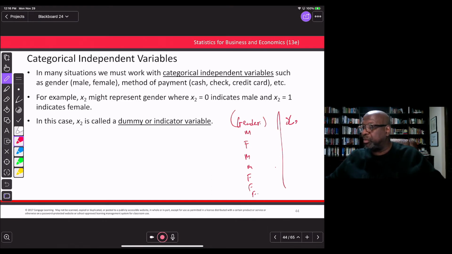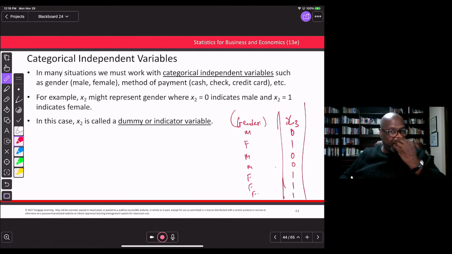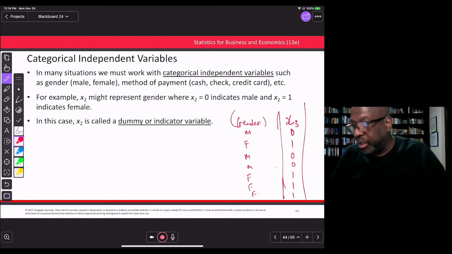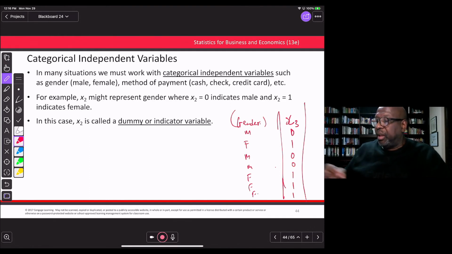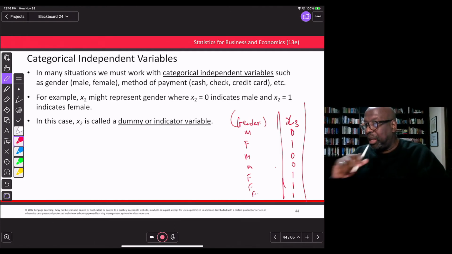So you could call this one x3, and female could be 1, male 0. So the values would be 0, 0, 1, 1, 1, and then you use those numerical values to actually do your predictions. In the case where you have multiple levels of the categorical variable, when it's only 2, it's binary, it's easy, 0 and 1.